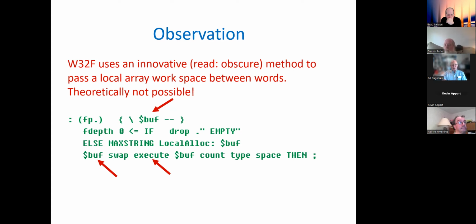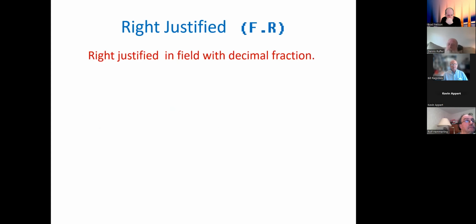So it creates a 255 character buffer called $buff. And then invisibly, that is passed to another word via the execute. So that's the start of the little cryptic mystery on how this is processed. So we will discuss this sometime in the future, maybe.